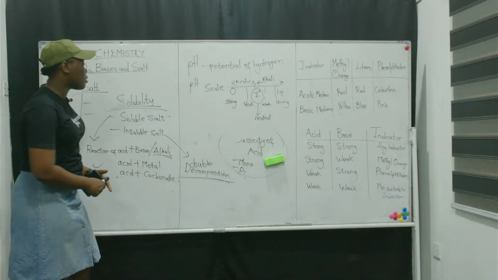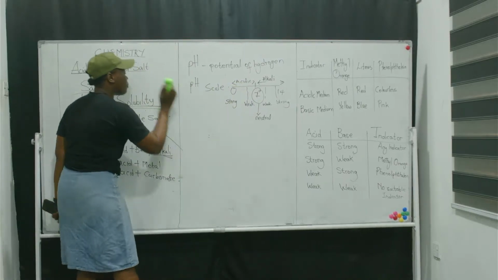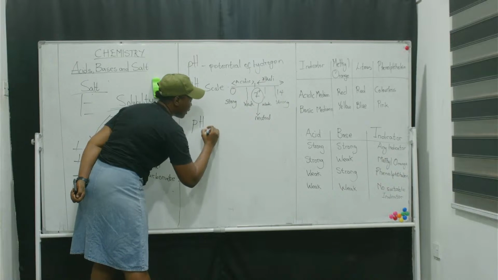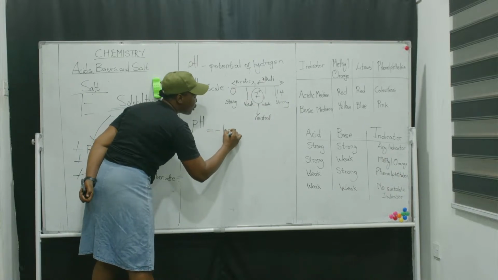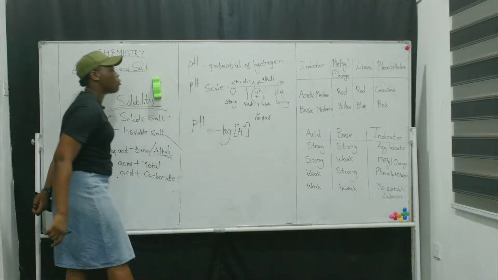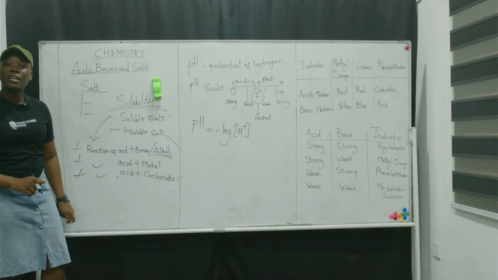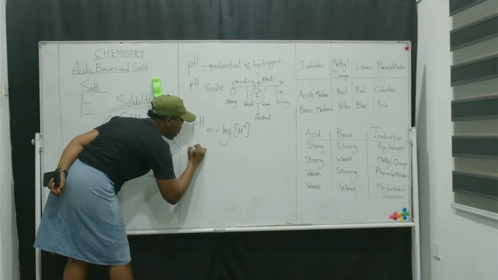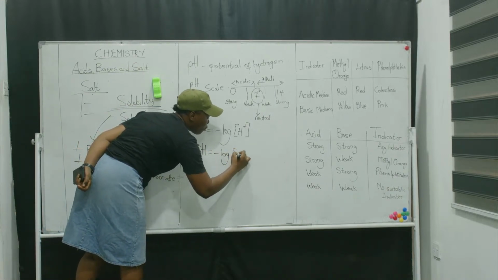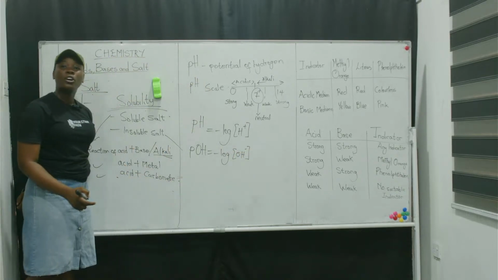And what else did we talk about last class? We talked about the formula. pH is the negative logarithm of hydrogen ion concentration to the base of 10. pOH is also the negative logarithm of hydroxyl ion concentration to the base of 10.